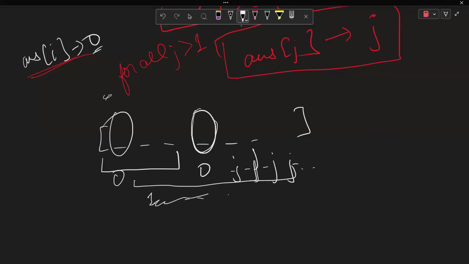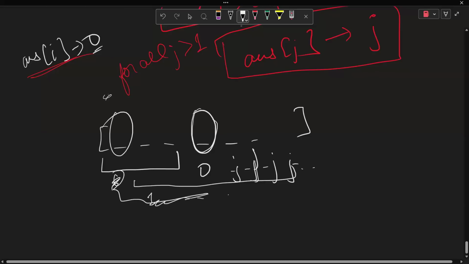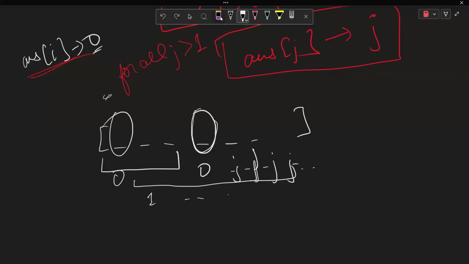Now let's consider the case when this candidate is not initially winning. So some particular ith candidate is winning, it has the maximum votes. When can the 0th candidate win?